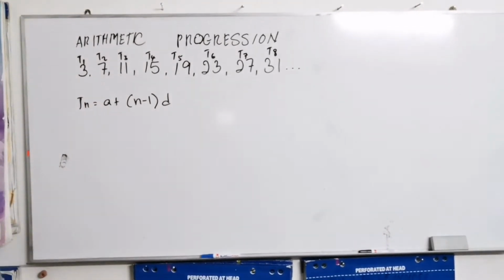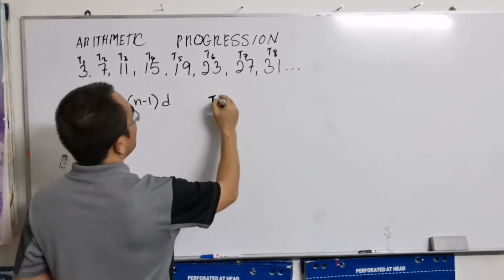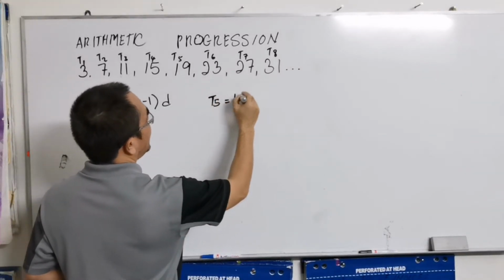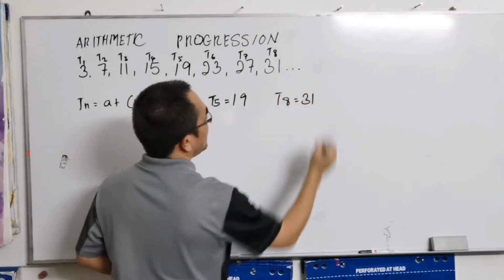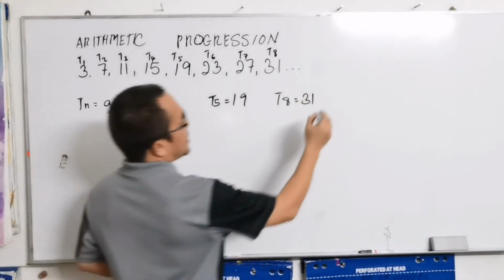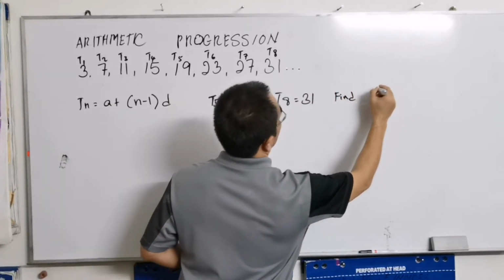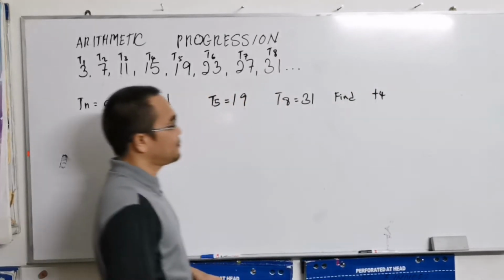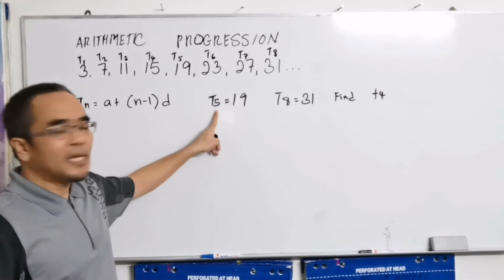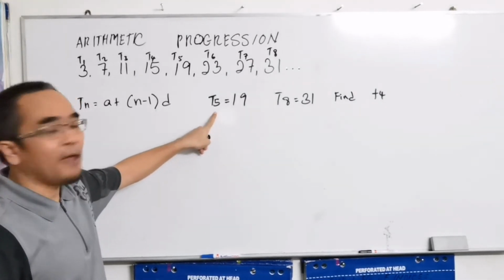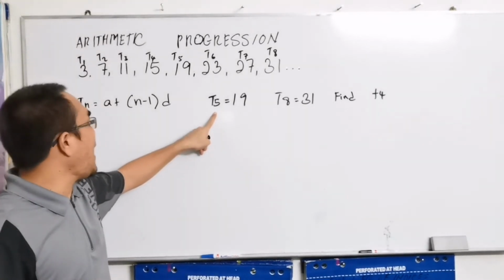And what happens if you are given, for example, T5 equals 19, T8 equals 31, and the question is find T4. So what you do, just replace in the equation T5. You do not know A, you do not know D, but you know n.